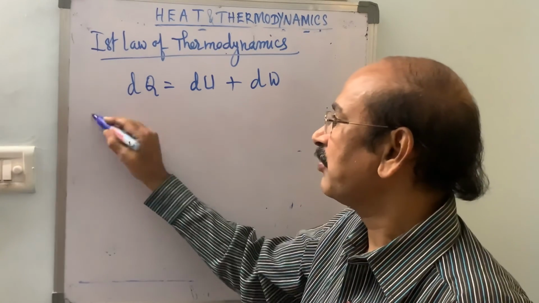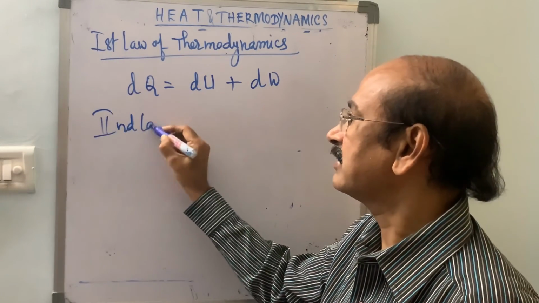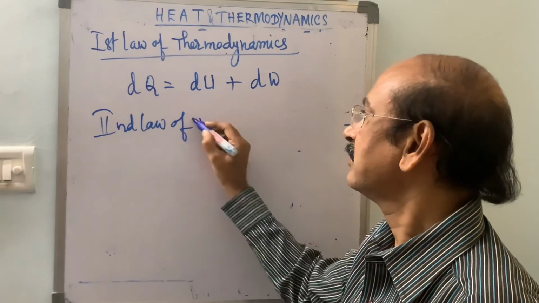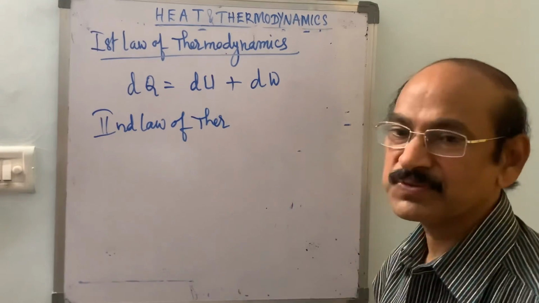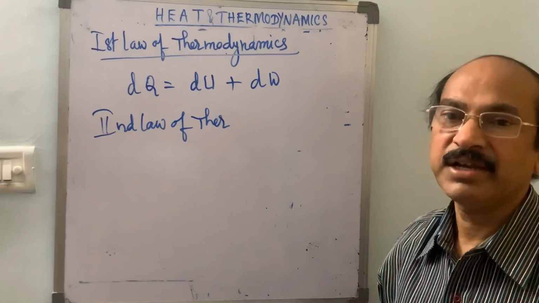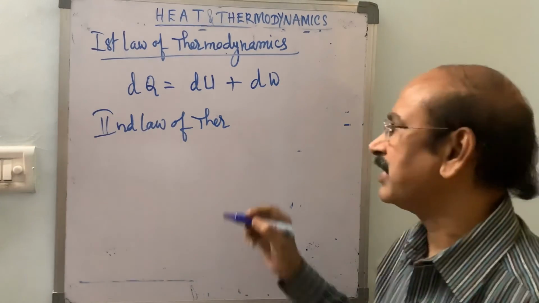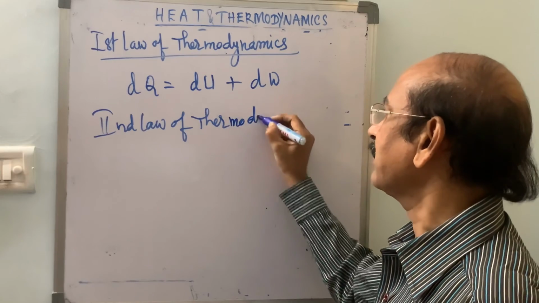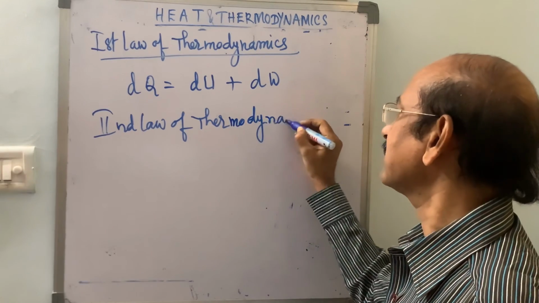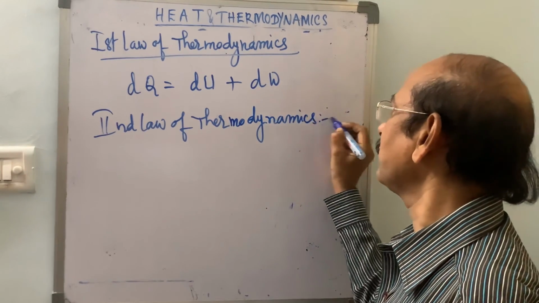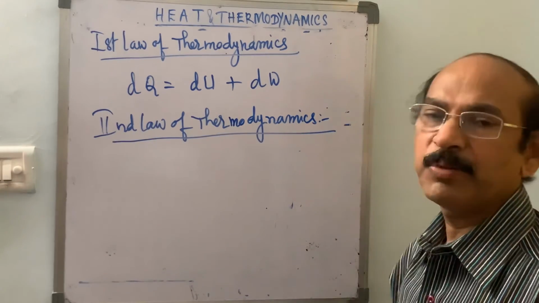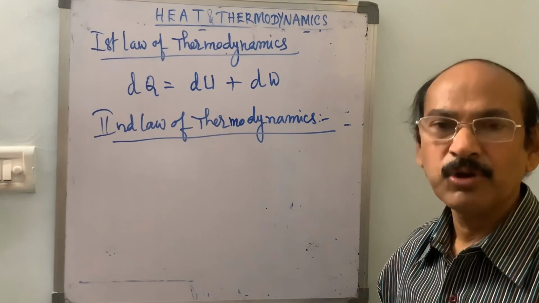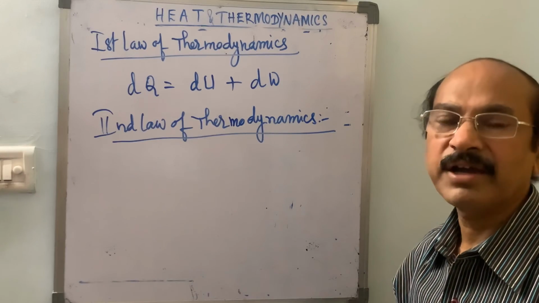And second law of thermodynamics states that heat energy flows from a body at a higher temperature to a body at a lower temperature. This generally takes place. But with the help of an external agency like an AC machine, air conditioner, or refrigerating machine, heat energy flows from a body at a lower temperature to a body at a higher temperature.